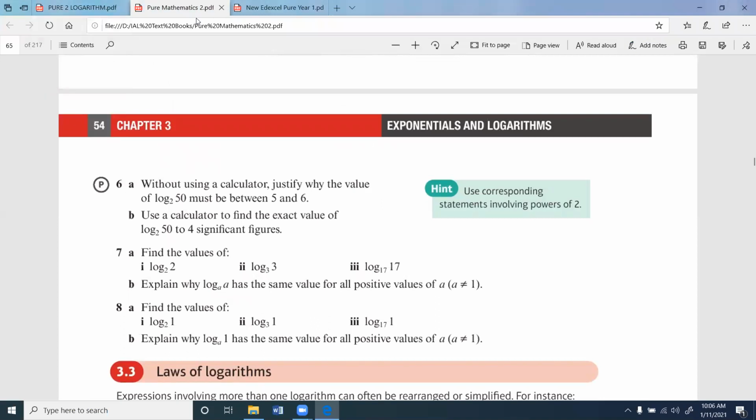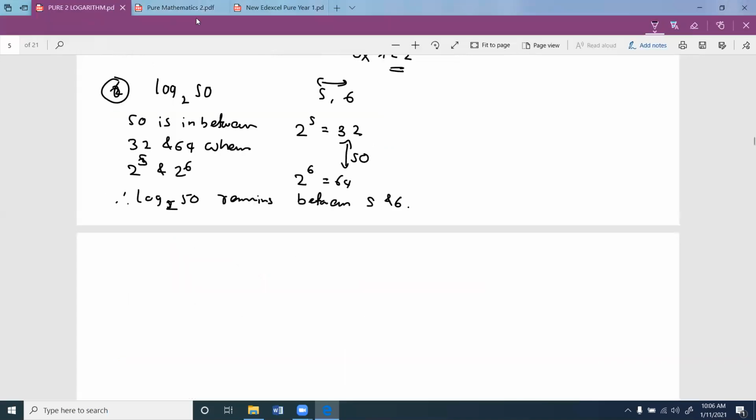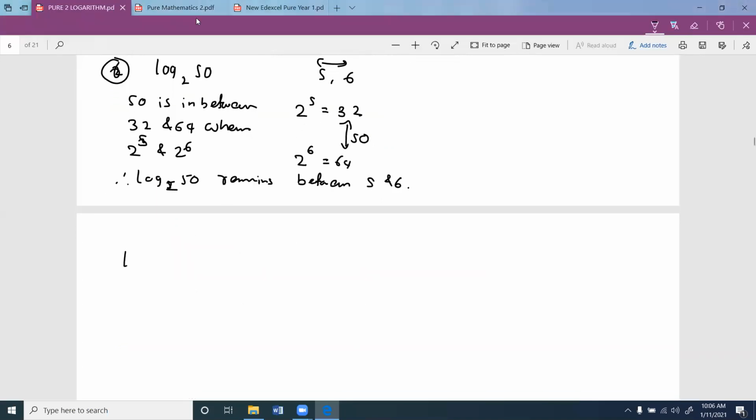Explain why log_a a has the same value for any positive a. You can say log_a a is a to the power 1 equals a, so the value is 1. Find the value of log 1. This is the point you have to understand. If I say log_2 2, that is 2 to the power 1, the answer is 1.